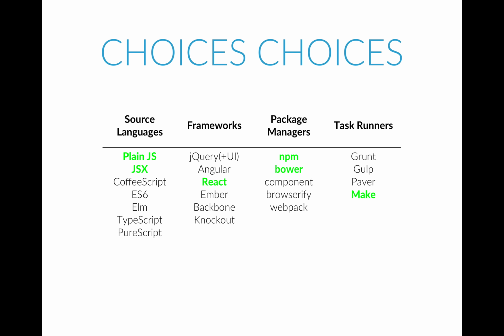For this application, I made the choices highlighted in green, but I only really want to highlight two of them here, and that is using React as the front-end framework for doing the actual rendering of our components, and using a Makefile to tie together all our JavaScript build tools, our Python build tools, so you can just have one command, make dev if you're doing a dev environment, or make JS if you want to build up the whole JS environment. And everything will just flow out of that through Make's dependency-based structure.